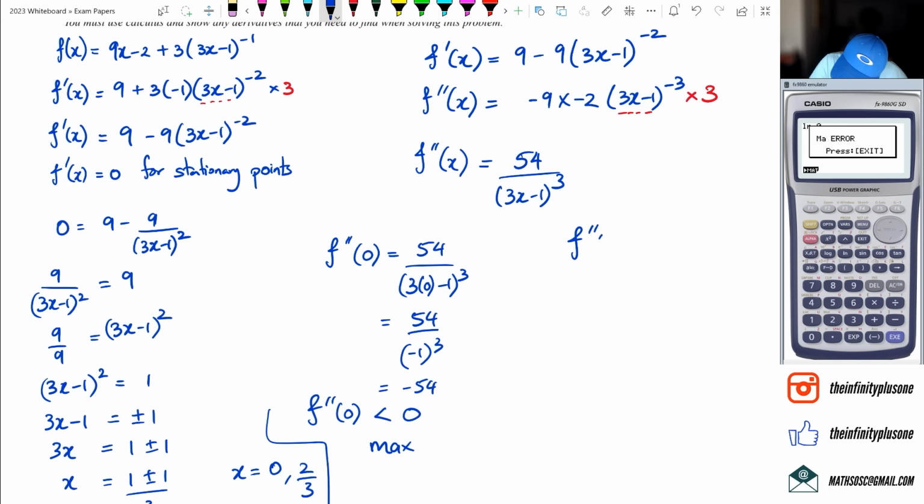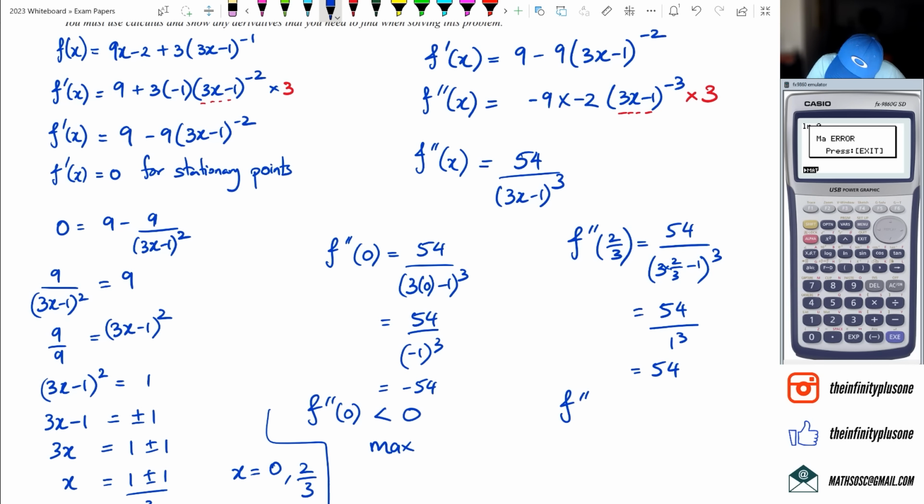And then f''(2/3) equals 54 divided by (3 times 2/3 minus 1) cubed. I'm going to get 54 over, what do I got? 1 cubed, isn't it? 54 over 1 cubed, because 2 minus 1 is 1. That's going to equal 54.